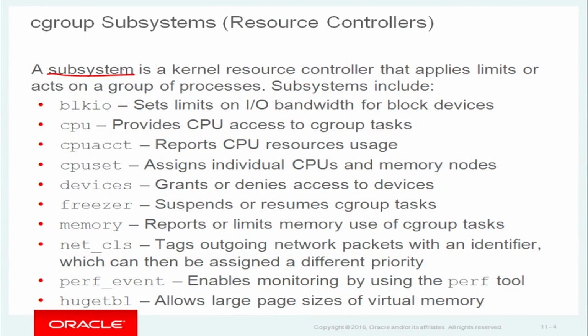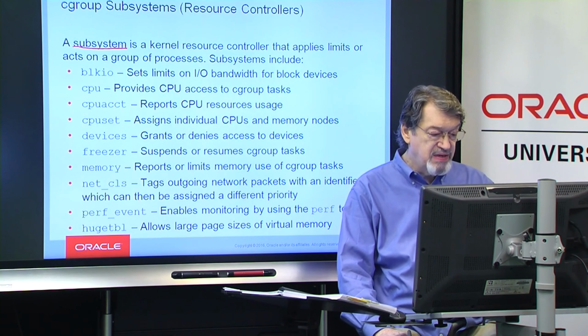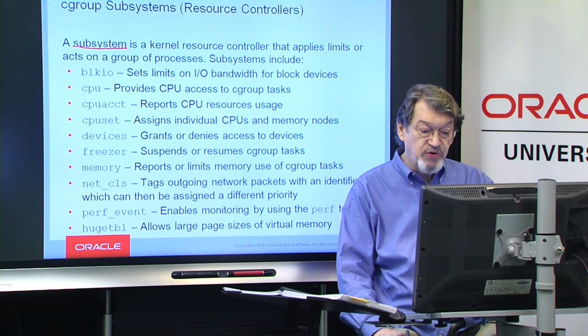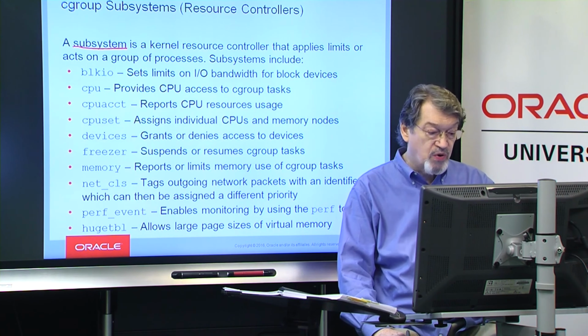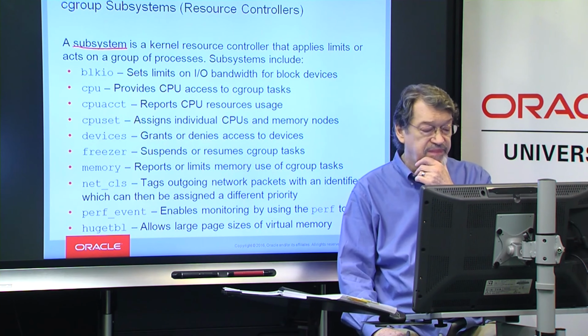We have 10 subsystems, all right? Block I/O, BLK-IO, CPU, CPU account, which does reporting, CPU set for individual cores, devices, freezer. Freezer will become important next lesson when we talk about Docker.